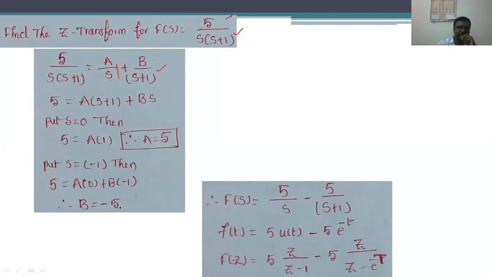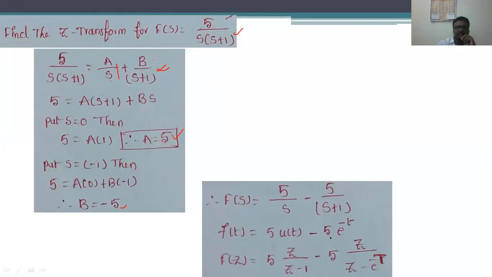So just substitute the values of a and b in this particular expansion equation. F of s is going to be obtained as 5 divided by s minus 5 divided by s plus 1. In order to obtain the F of z for this equation, just apply the inverse Laplace transform for F of s. Hence, we are going to obtain f of t is equal to 5 into u of t, that is the step function, minus 5 into e power minus t.